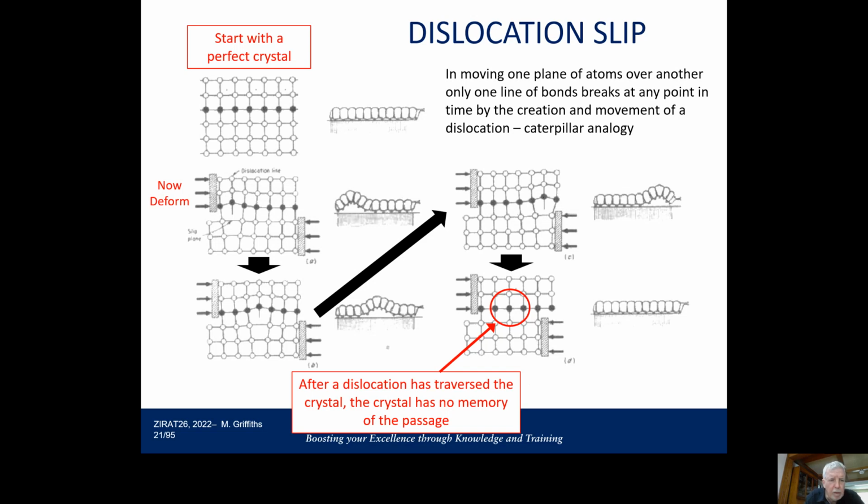So we start with a perfect crystal, we start to deform. The other thing to note, the total deformation here, let's call this b, the total shear of this half of the crystal relative to the bottom half of the crystal is only realized once this dislocation has crossed from one side to the other.